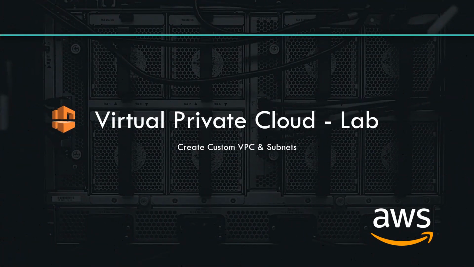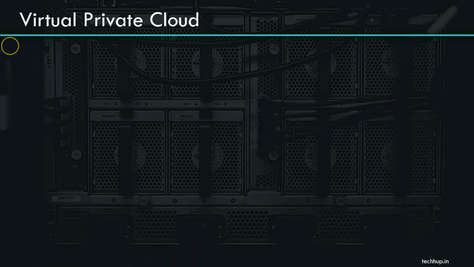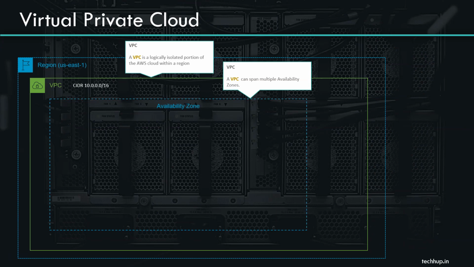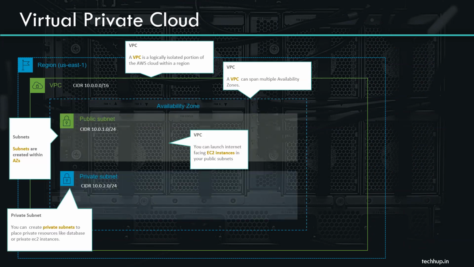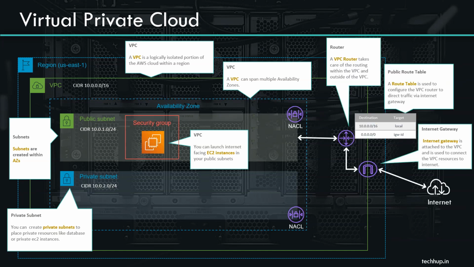So here we are going to create a custom VPC and subnet and all the associated resources to make this work. So let's quickly have a look at what we are trying to achieve with this architecture diagram. First, we will be creating a VPC, and then under the availability zone, we will be creating the public and the private subnets, and then in the public subnet, we'll be launching an instance and giving it access to the internet.